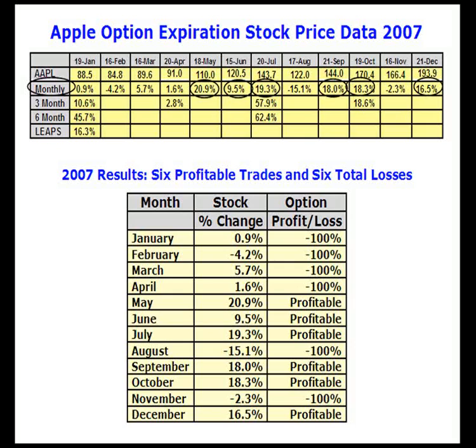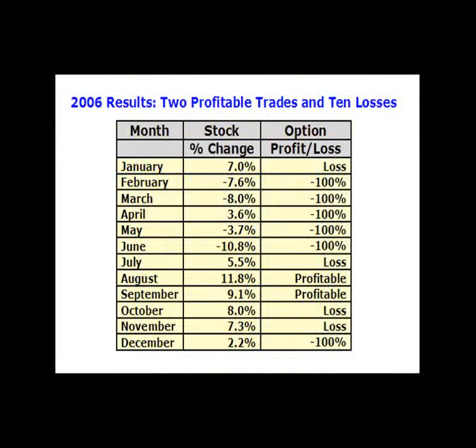So we would have had 6 winning trades and 6 losing trades in 2007. Now, most of the losing trades would have resulted in a total loss of the option premium. And in 2006, there would have been 2 profitable trades and 10 losing trades. Now, these assumptions are just approximations, but they can give us a pretty good idea of the accuracy of purchasing out-of-the-money calls during this 2-year time period.